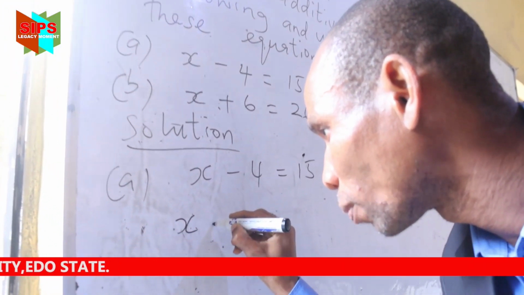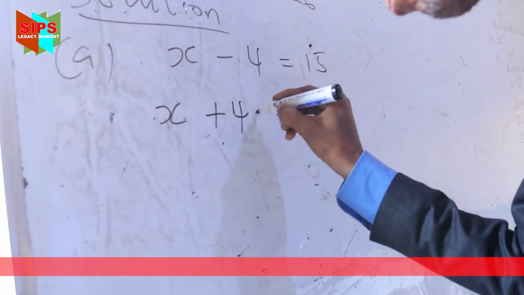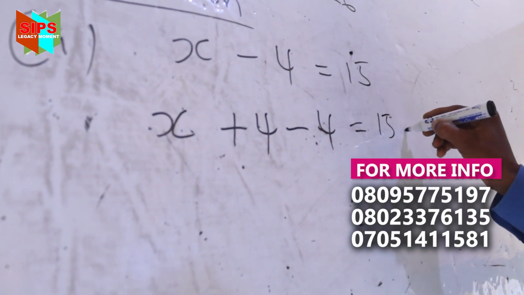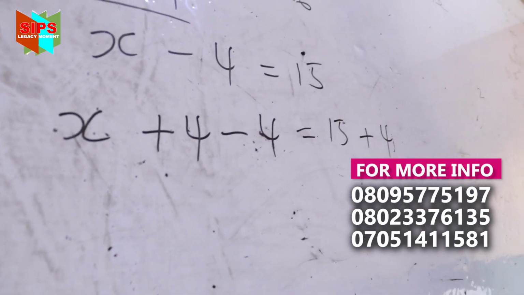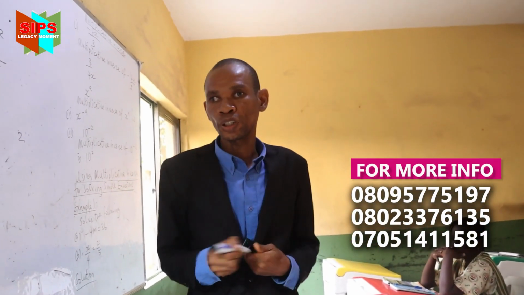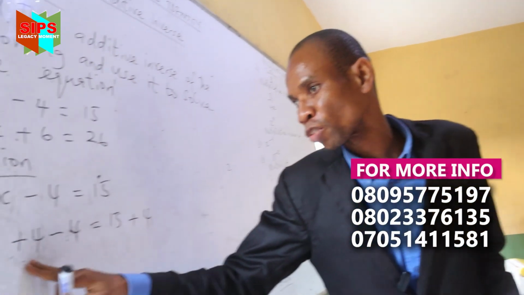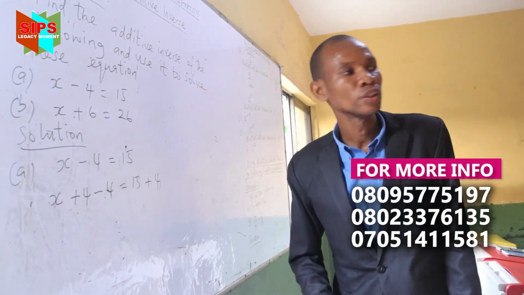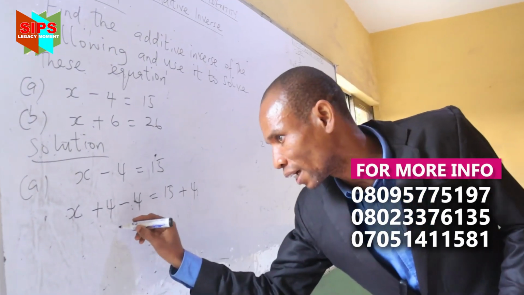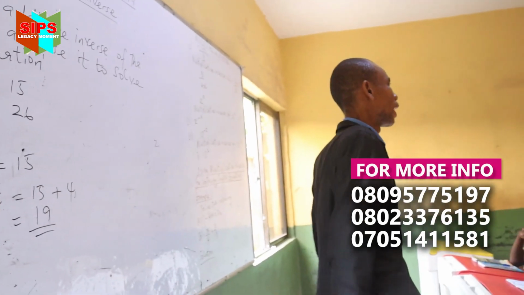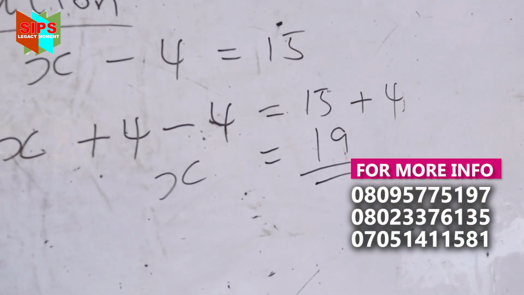So we can say x minus 4 plus 4 is equal to 15 plus 4, because we are adding 4 to both sides. Minus 4 plus 4 gives you 0, so x plus 0 is written as x. So we can say x is equal to 19. That becomes the answer.